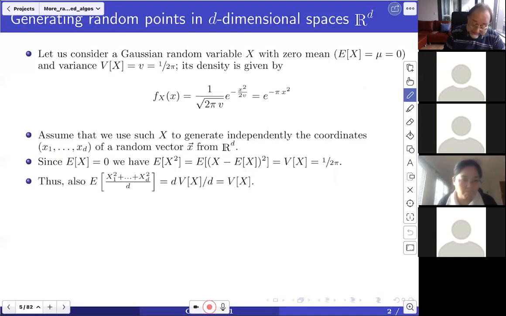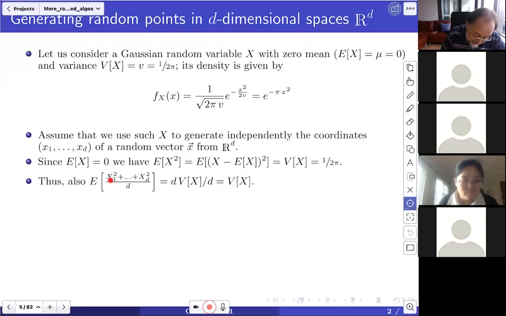So now, how do you find the length of your randomly generated vector? Well, you have to sum the squares of its coordinates. This is what we do here, but we also divide by d, because, you will see why we do that.